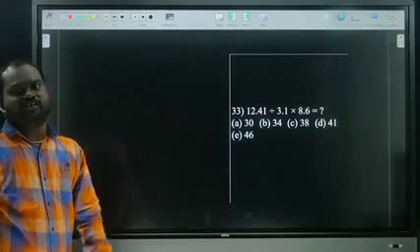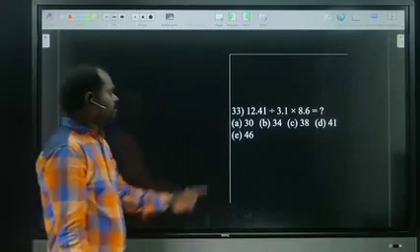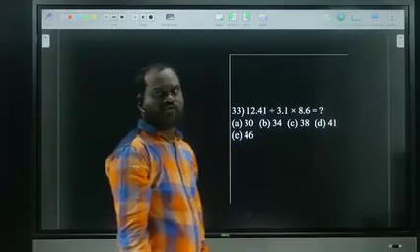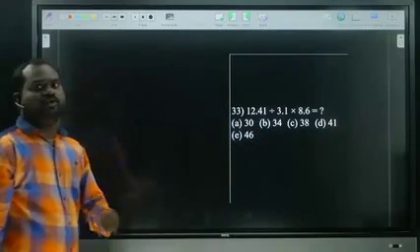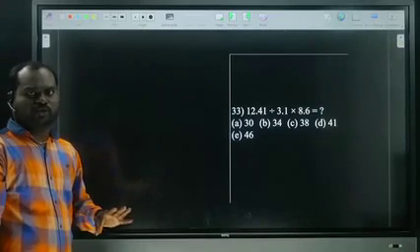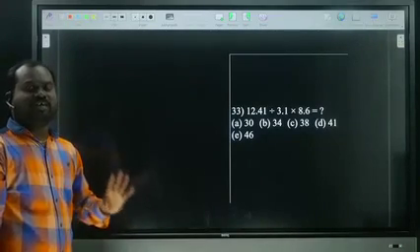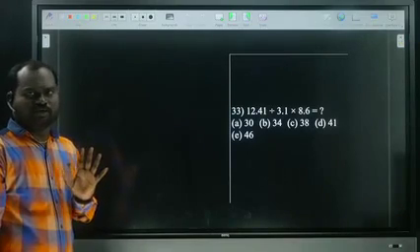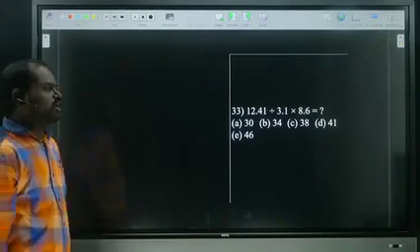See the options: 30, 34, 30. Options are very close. In your examination you can skip such kinds of questions. It is a practice room, that's why I just show. It is a very simple one only. But in the examination, sometimes they will give very difficult, very close options. At that time we have to leave the question. Okay? Now here I will show.